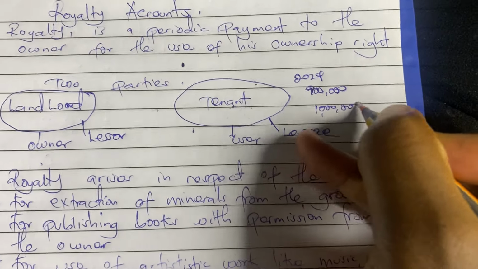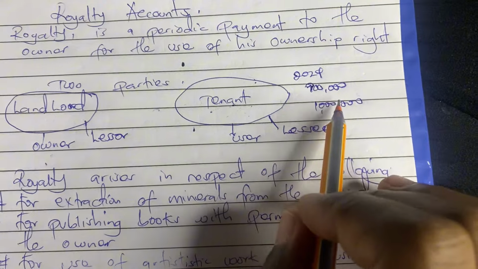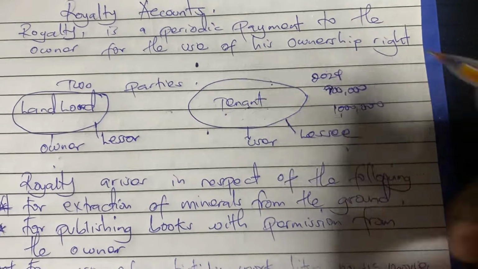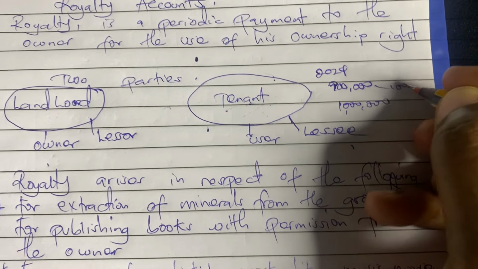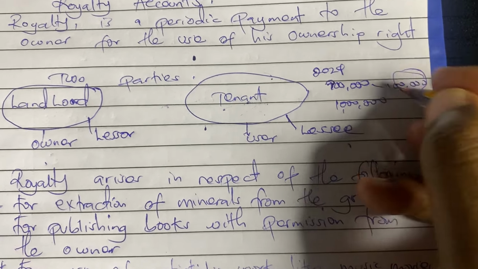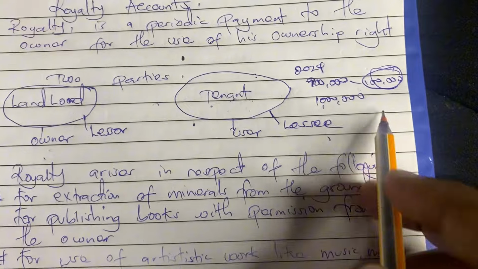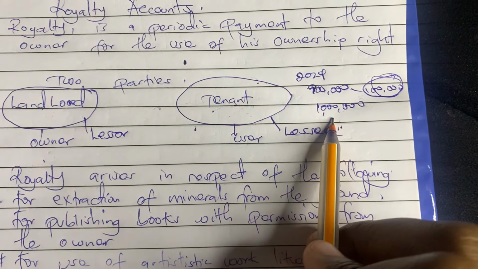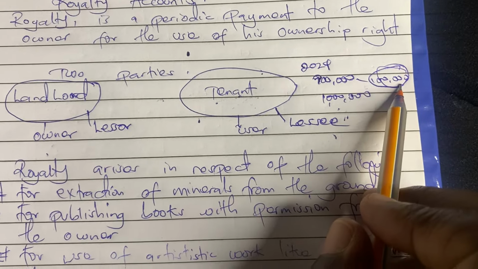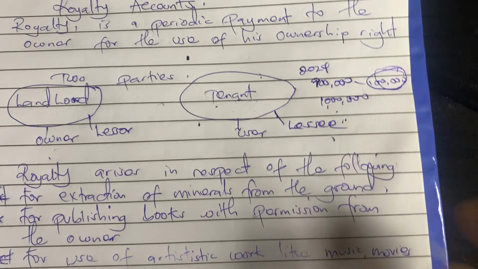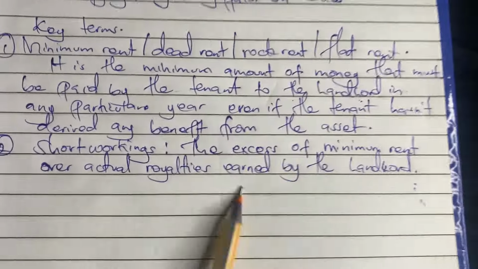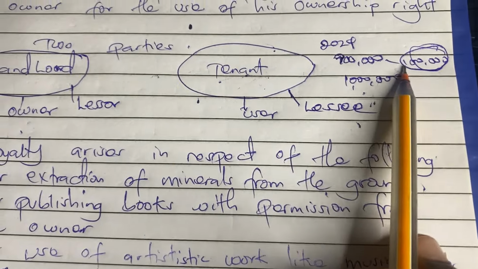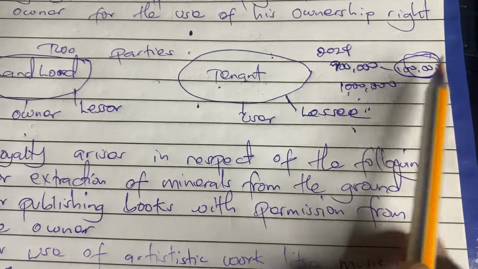And this person made 900K from the music, meaning they are supposed to get money from their own pockets, which is 100K, and then top up to give the landlord his 1M. This top up is what we call the short workings. It is the excess of minimum rent over actual royalty. The actual royalty was 900K, so the short working is 100K.